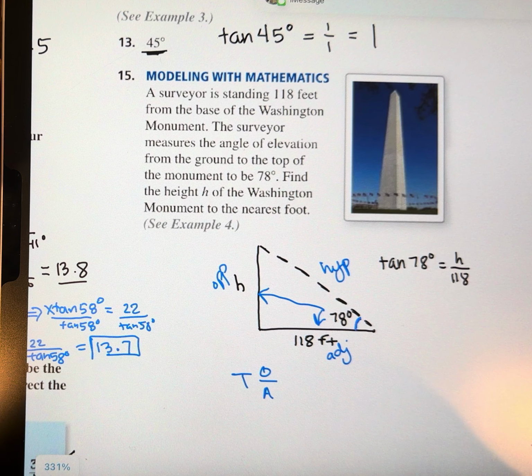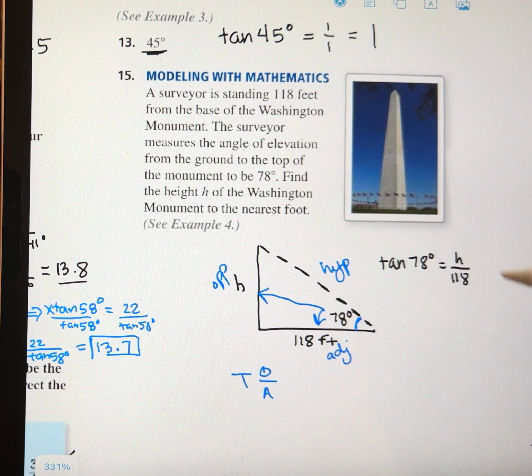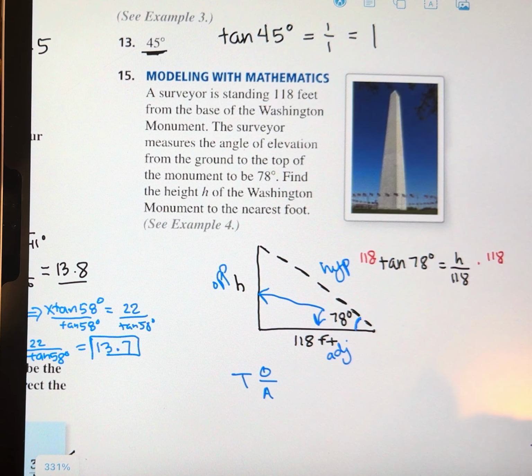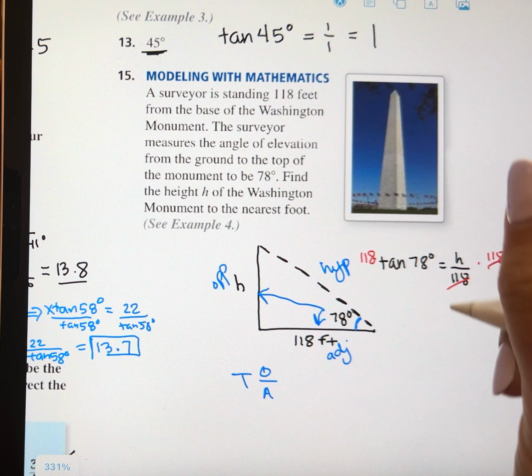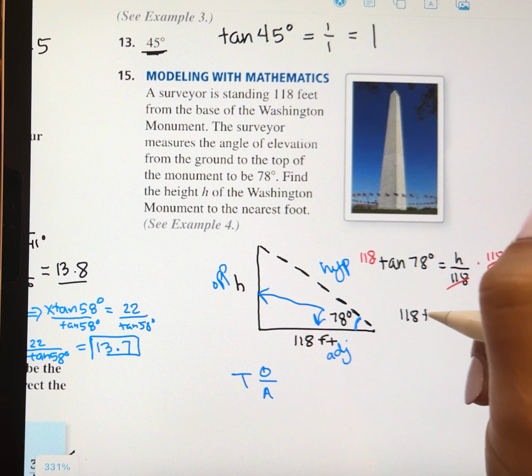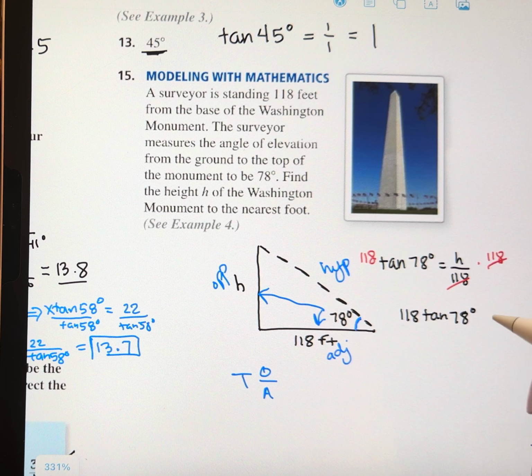Now, this is an easier situation to solve. No cross multiplication necessary. All we got to do in this case is get rid of the 118 that's on the bottom of h. The way we do that is we multiply both sides by 118. They cancel here, so that I get 118 times tangent 78 equals h.